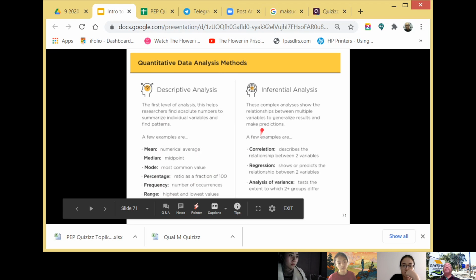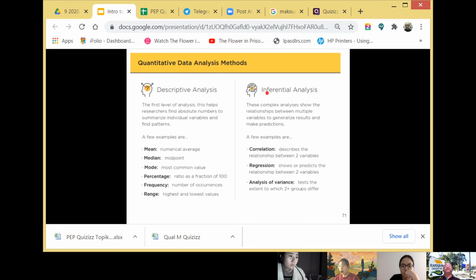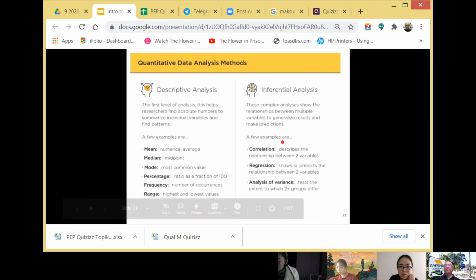And after that you can do inferential analysis. There are two levels in quantitative: first is descriptive, and second is inferential. We don't have to talk much about this, because our course is qualitative, not quantitative.